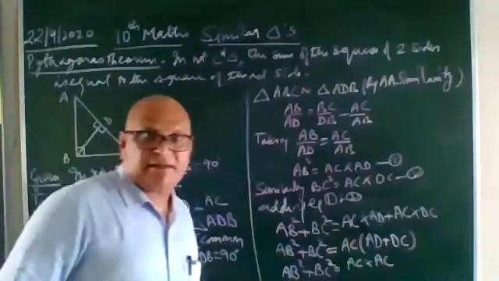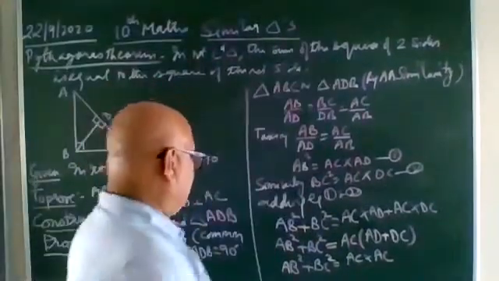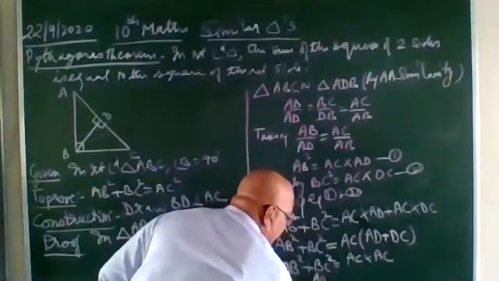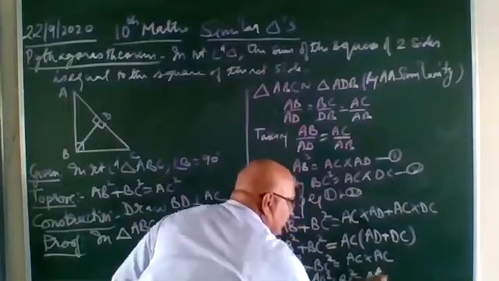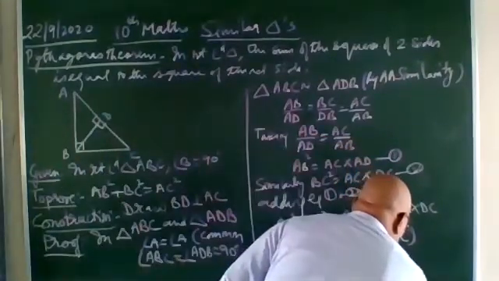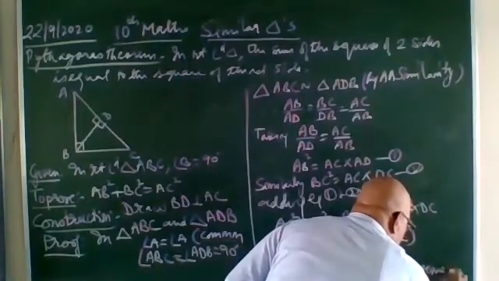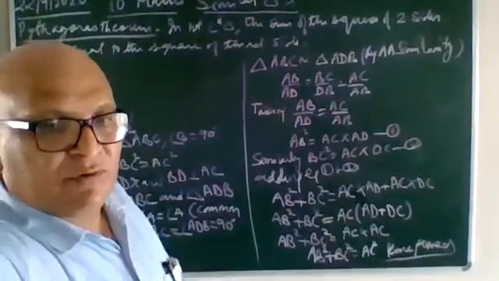So what you will get? AB square plus BC square equal to AC square. Hence proved. This is how you have to do this theorem.